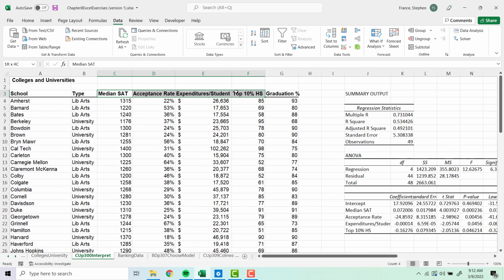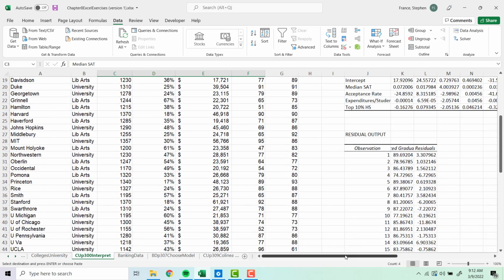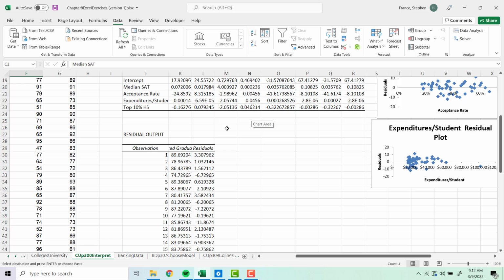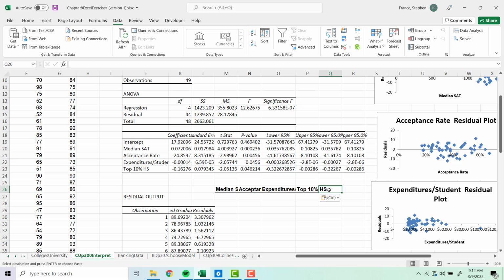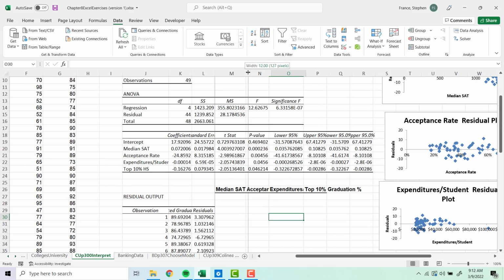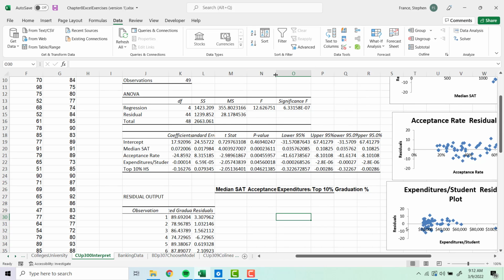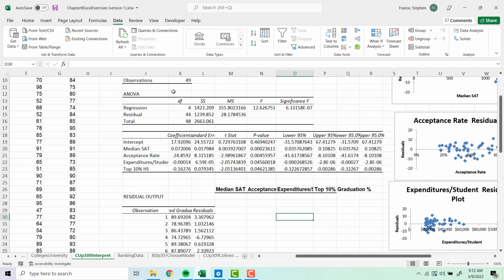So we put new data down here, and we want to predict the graduation percentage: median SAT, acceptance, expenditure, top 10%. We're looking now at example 8.12.